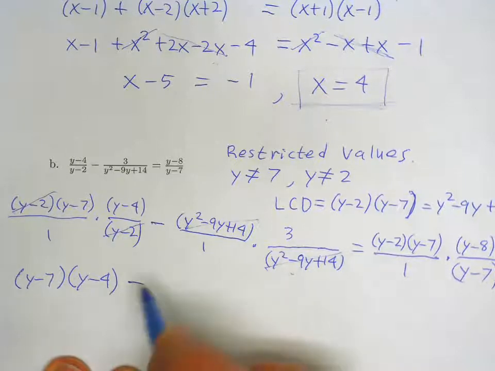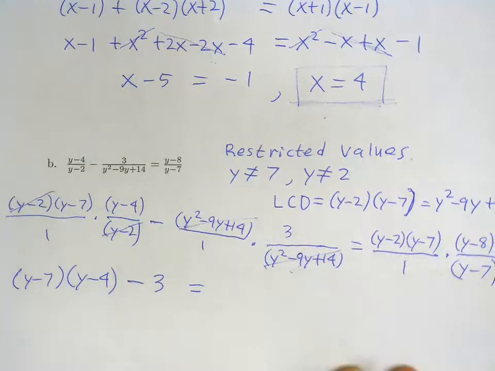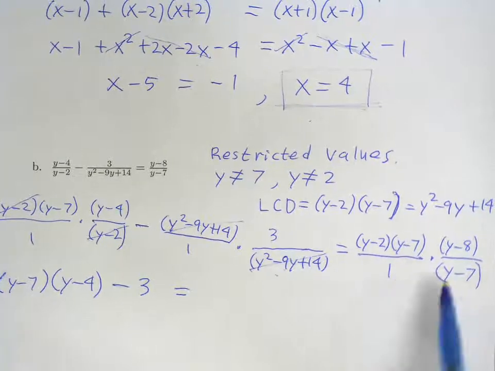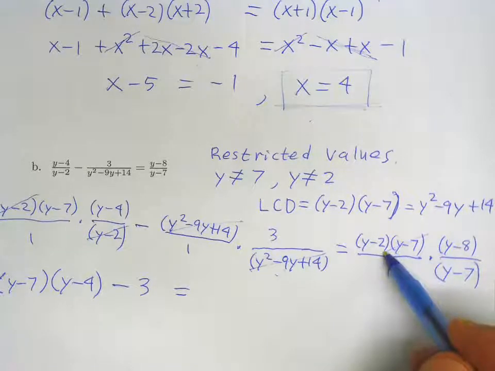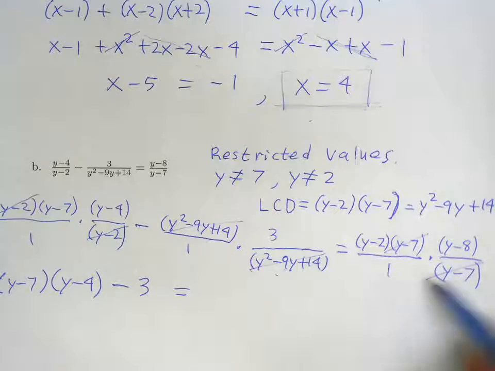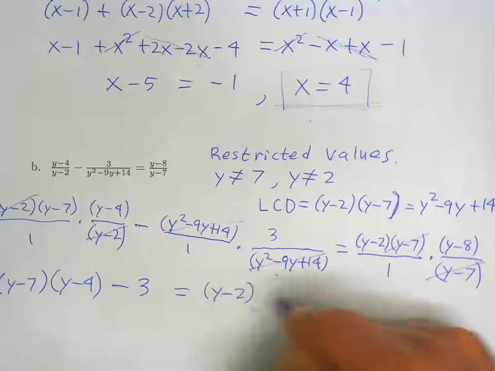So we're just left with minus 3. And then on the right-hand side, the y minus 7 factor from the numerator cancels with the y minus 7 factor in the denominator, and we're just left with y minus 2 times y minus 8.